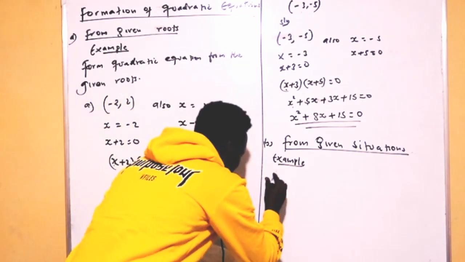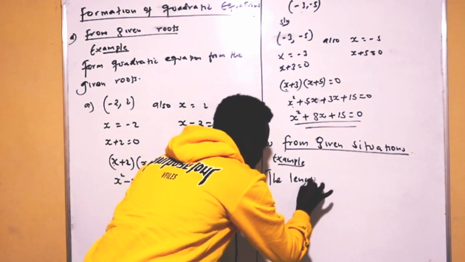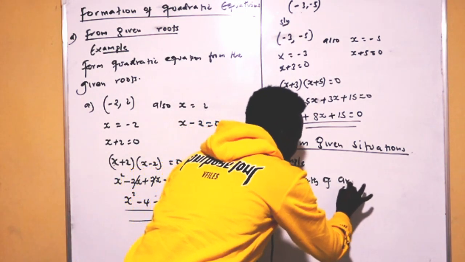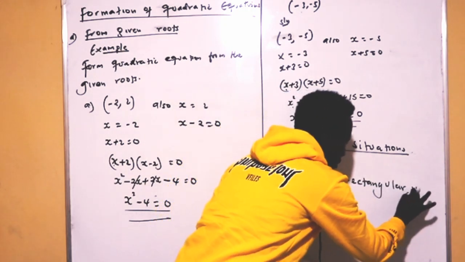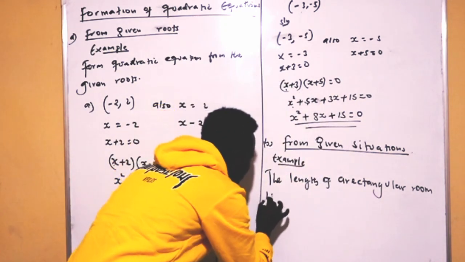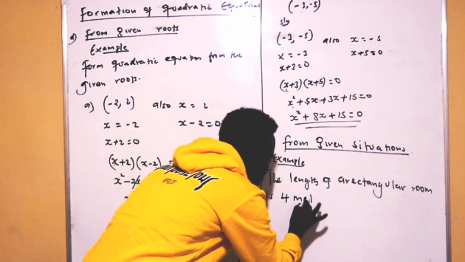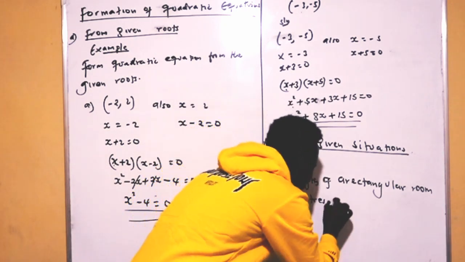The length of a rectangular room is 4 meters longer than its width.